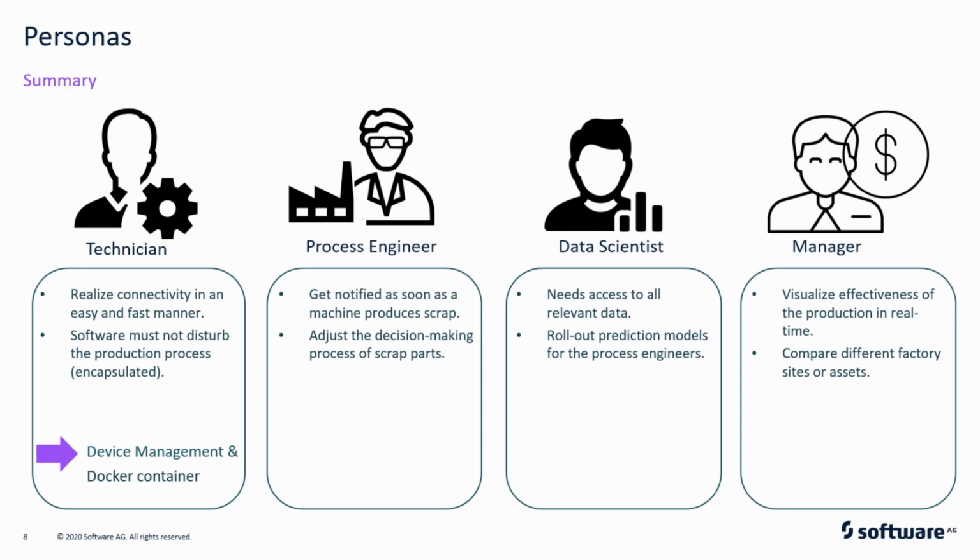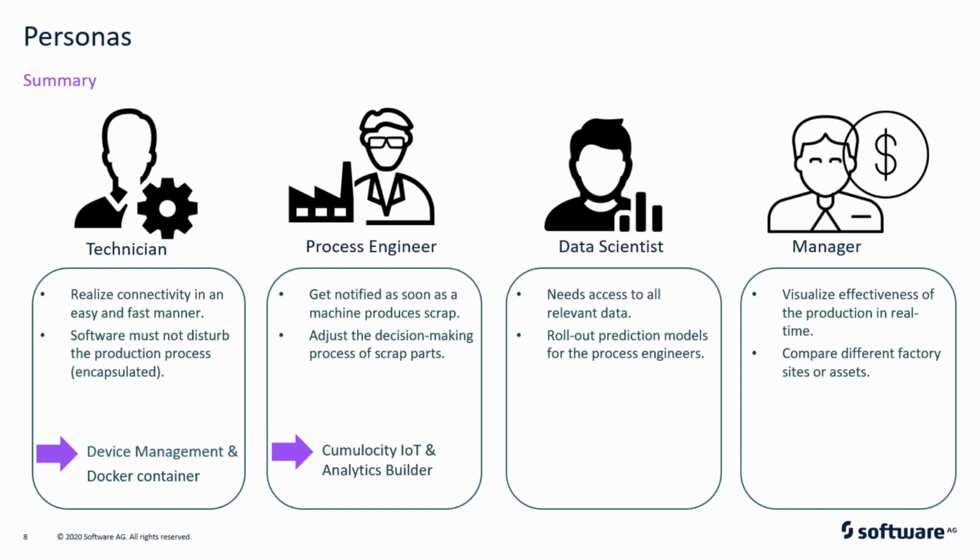So he is the only one who works directly with the thin edge. All the other personas will work on the platform side and they benefit from the direct connection of the machine to the platform. Like for example the process engineer, who wants to monitor his machine and who wants to define rules when the machine produces crap.